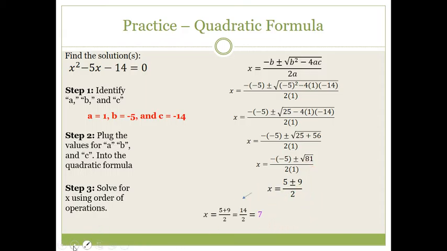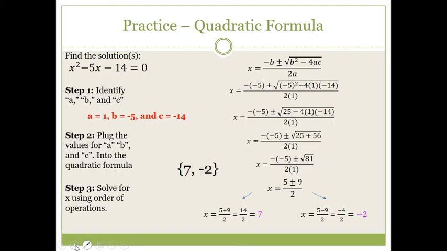Your last step should have been to write the two equations, one where we let it be a plus, so 5 plus 9 divided by 2, which is 14 divided by 2, or 7. And then we get that 5 minus 9 divided by 2 is equal to -4 divided by 2, or -2.